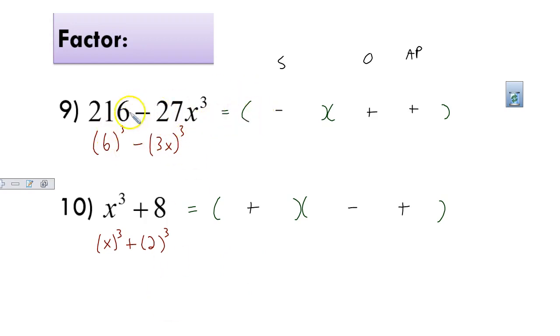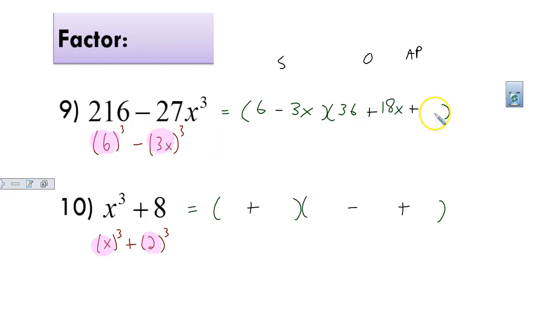So I'm going to, even though the x is second here, that's okay. It doesn't really matter. I can still apply the pattern where I do 6 minus 3x. Remember, I'm just using the part once I figure out what it is. I'm going to square 6 to get 36. I'm going to multiply 6 times 3x, which is 18x.